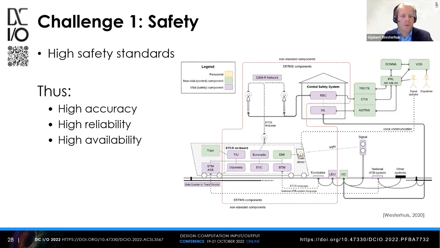But the train driver's function is mainly within travel in an ecological sense. So, for example, if a train is early, then it can coast, as you're doing within a car. You can just let go of the gas and keep the velocity you already have, and that's more ecological driving. But also a very important function is in case of disruptions. Then a train driver can operate it manually and drive on sight, it's called.